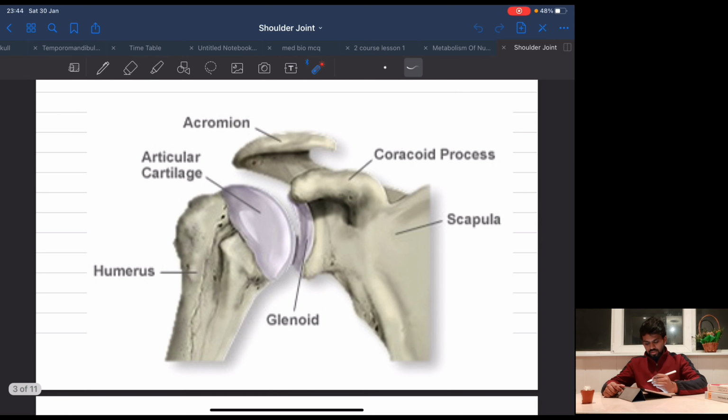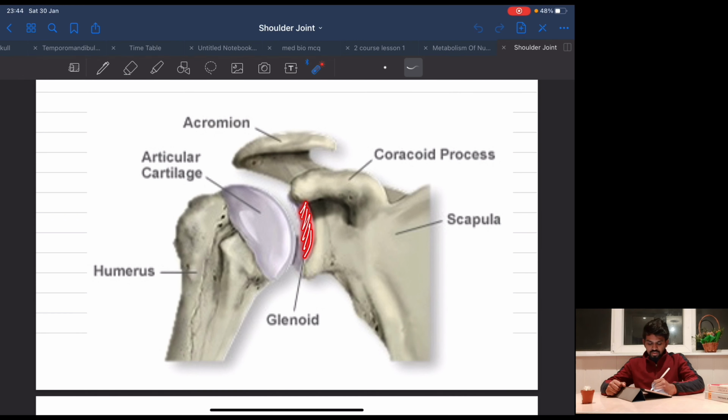Here you can also see the shoulder joint, the glenoid and the humerus head. The articular head, or caput humeri, is spherical, but the size of this head is very large, while the size of the glenoid cavity is small.